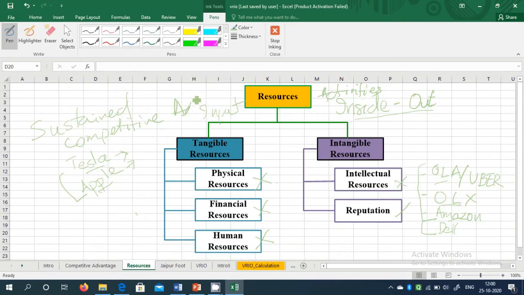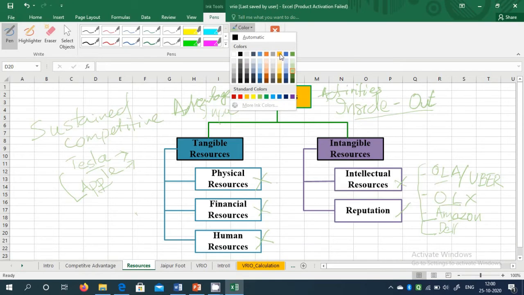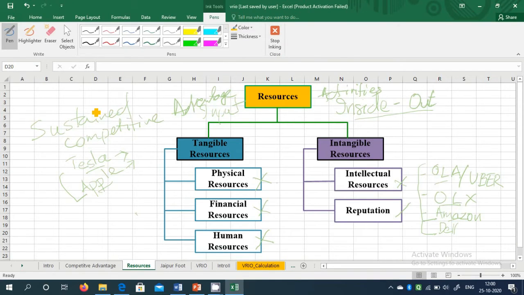Isn't it? Sustained competitive advantage. So in order to sustain competitive advantage, on a long term basis you are going to continue with the same competitiveness. So that is called sustained competitive advantage.